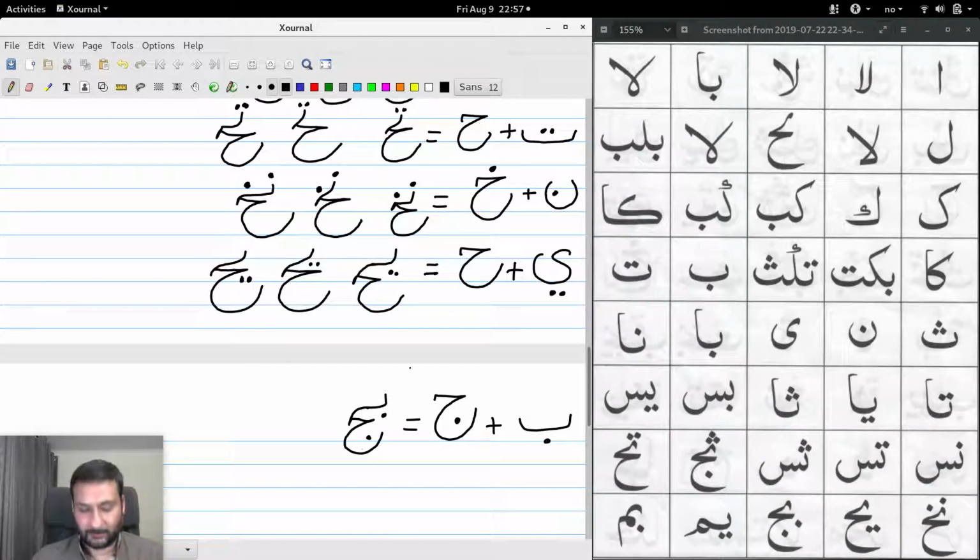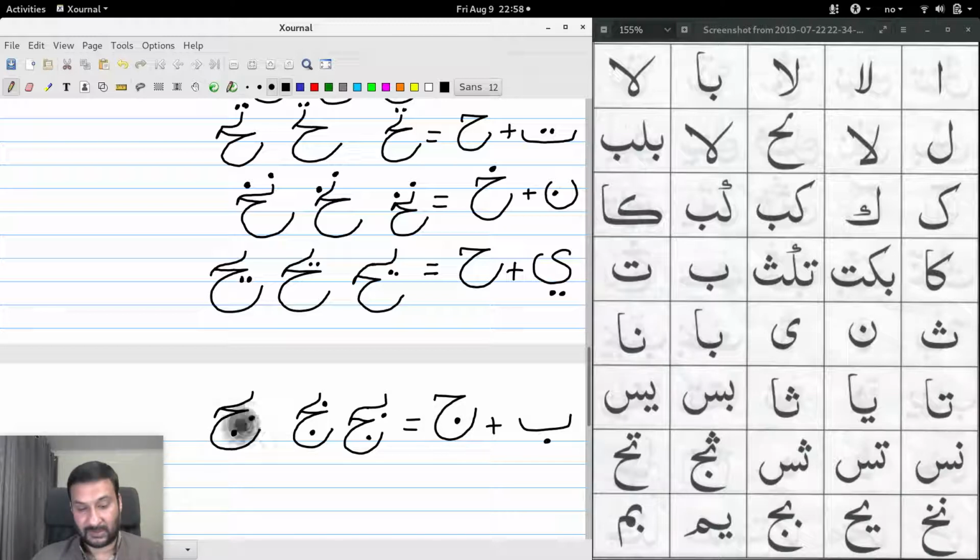This is one way. Then you can also write it ba jim, and the way it's written in this way of writing, it's like so, with the dot of ba appearing here and the dot of jim appearing in the middle as it appears in its standalone form.